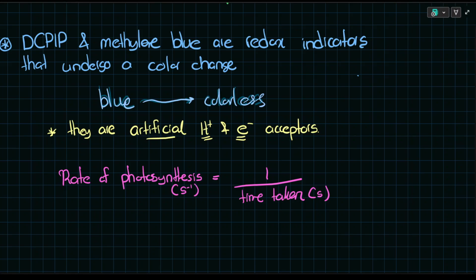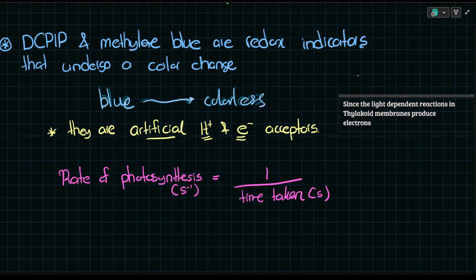Since the light dependent reactions in thylakoid membranes actually produce, what do they produce?